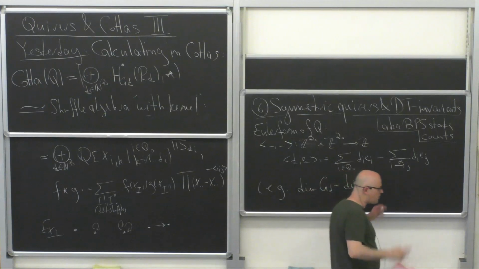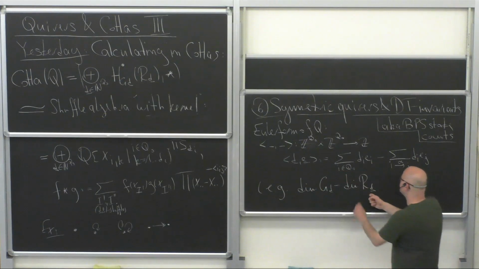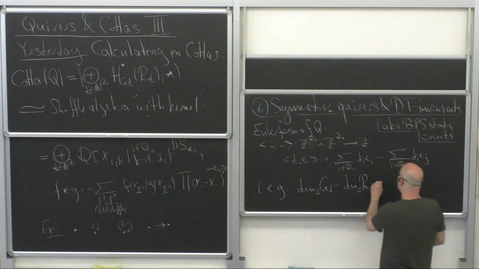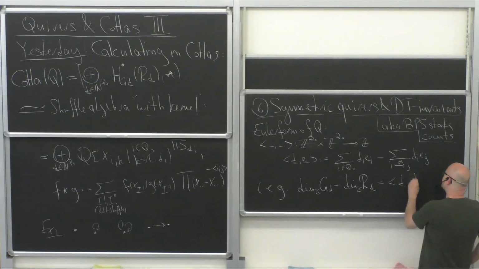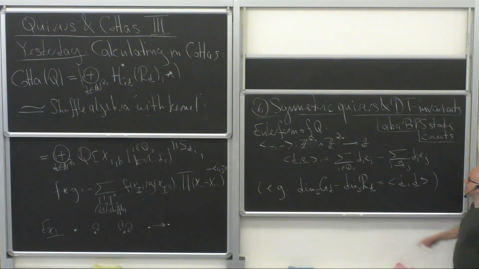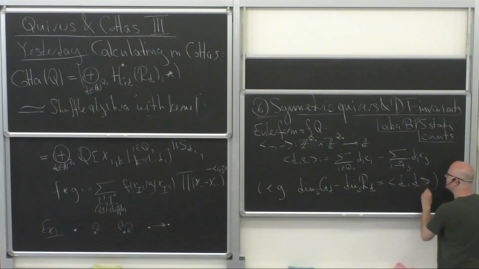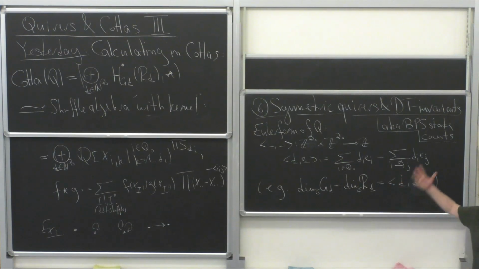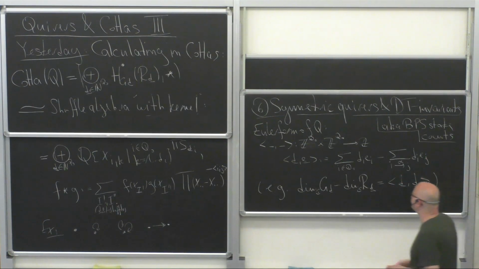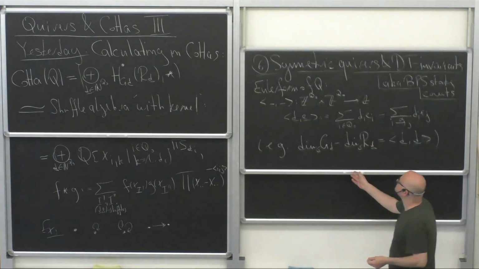If you take the complex dimensions of this affine space and of this variety, you will see that this is nothing else than the quadratic form associated to the Euler form. So that's, for example, where this naturally pops up in the geometry of quiver representations.